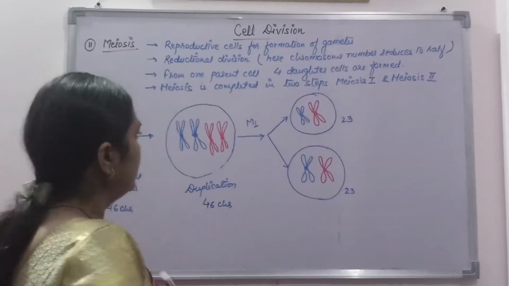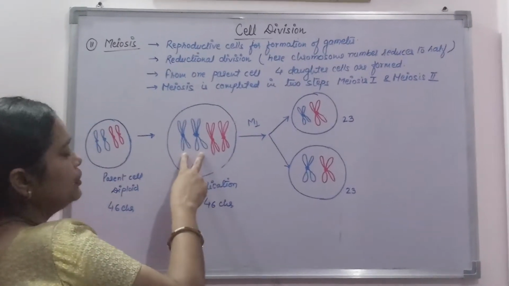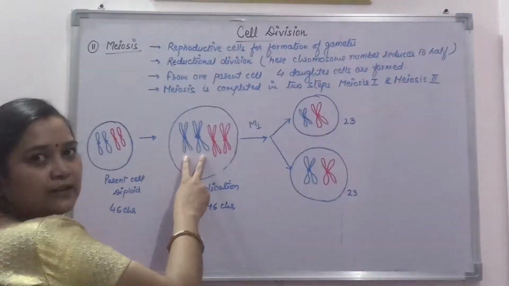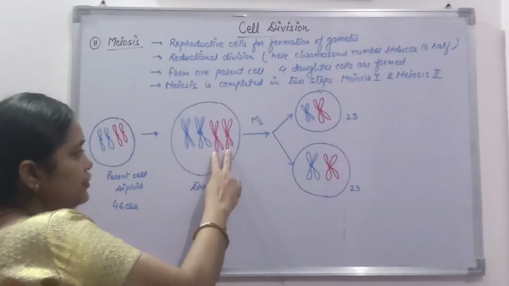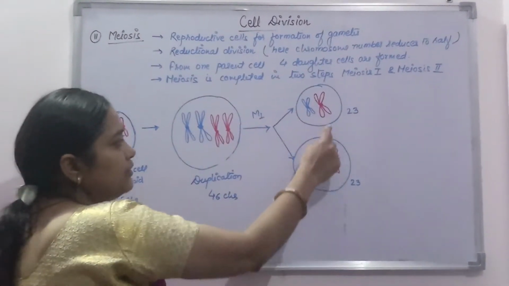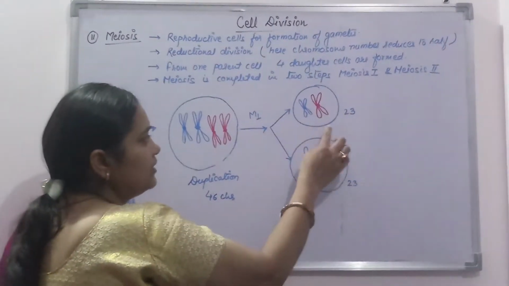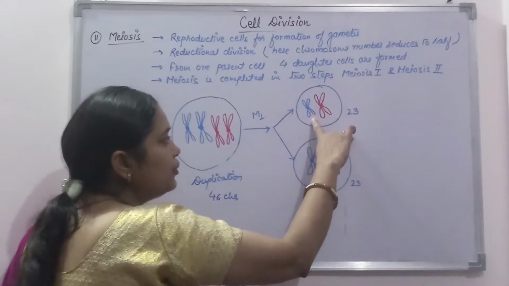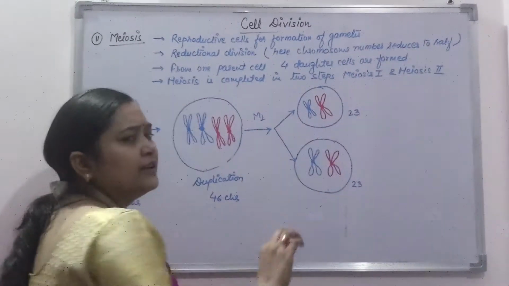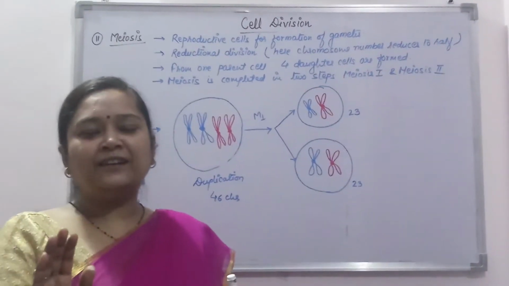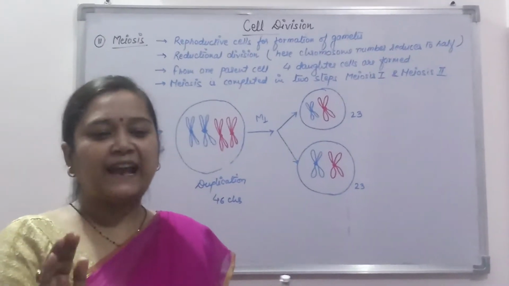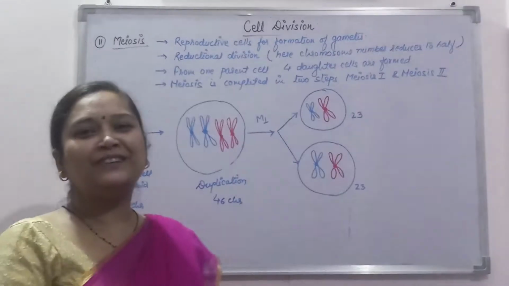Fine. See here, two blue color chromosomes and two red. After meiosis 1, one blue and one red. Exactly, see student, this is not the real color of the chromosome.